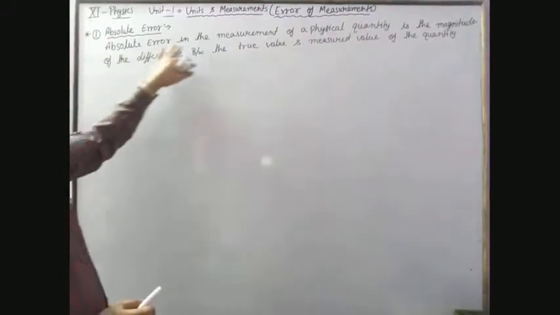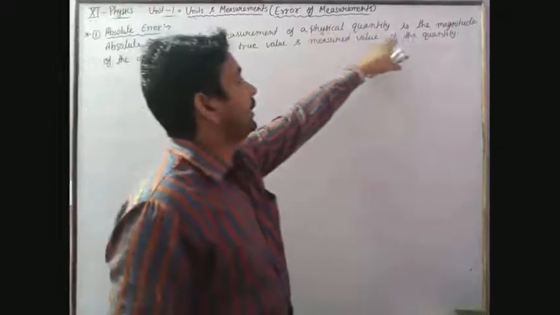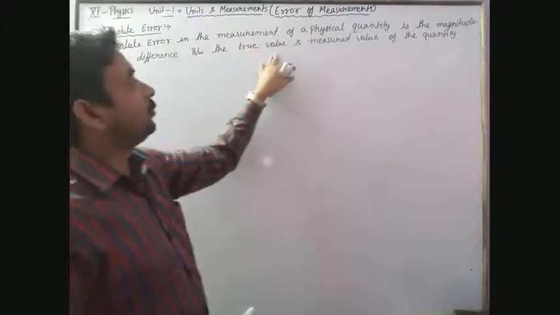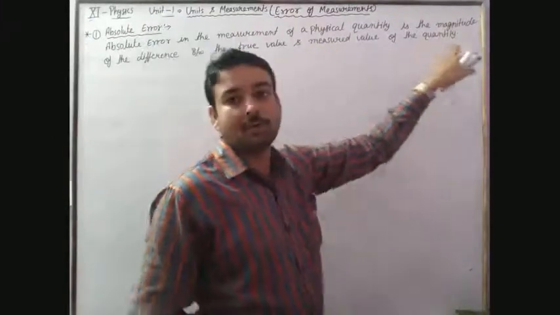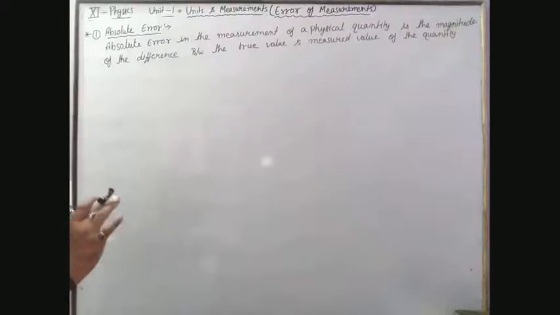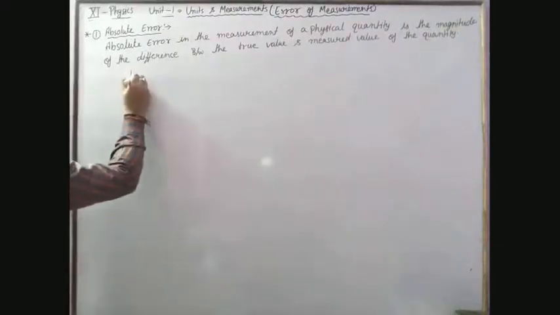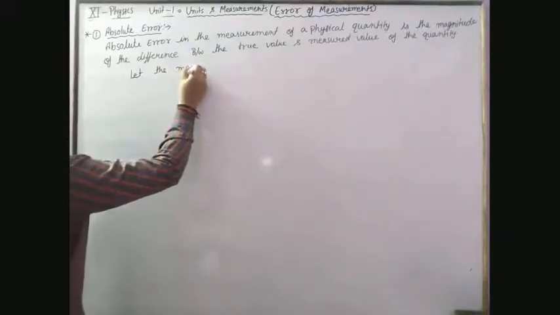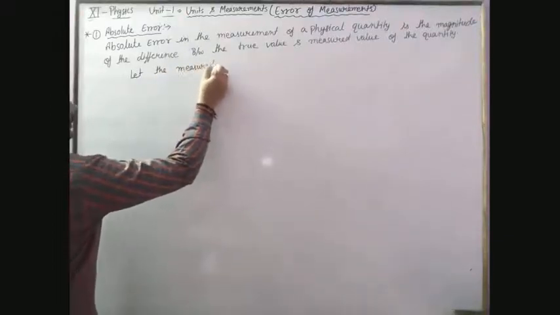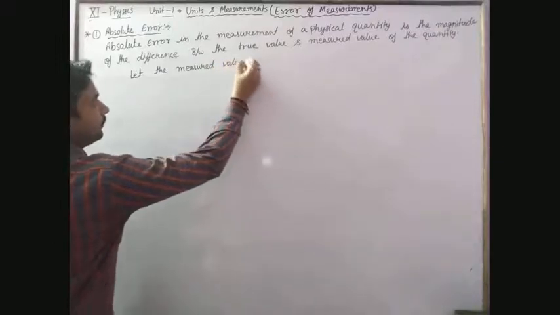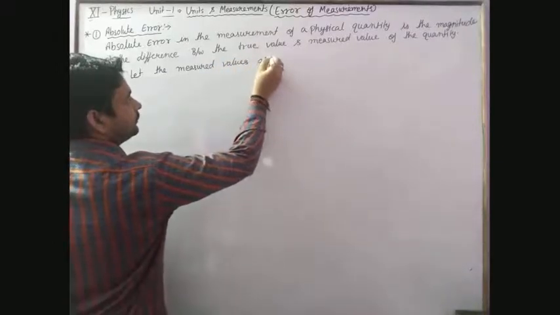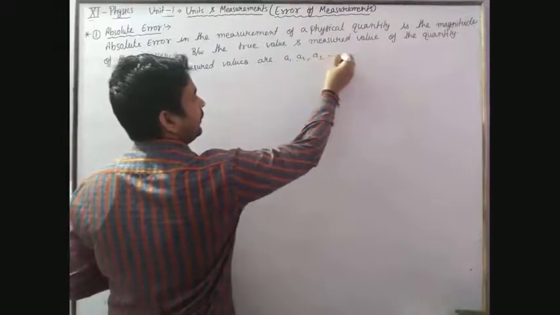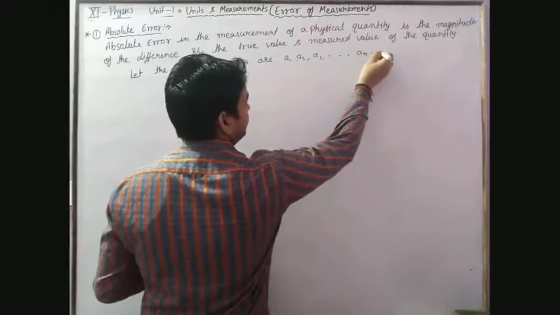Absolute error in the measurement of a physical quantity is the magnitude of the difference between the true value and the measured value of the quantity. Suppose the quantity is measured n times, and let the measured values be a1, a2, a3 up to an.